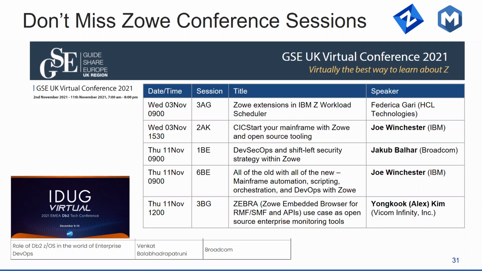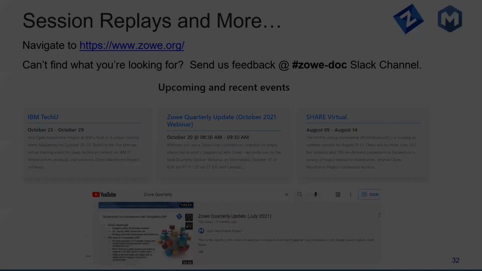Please check out those sessions. We also have virtual IDUG coming up, a DB2 technical conference on December 6th through 10th. There may be additional Zoe sessions, but the one I was able to locate is focused on DB2 in the world of enterprise DevOps. Please check those out.